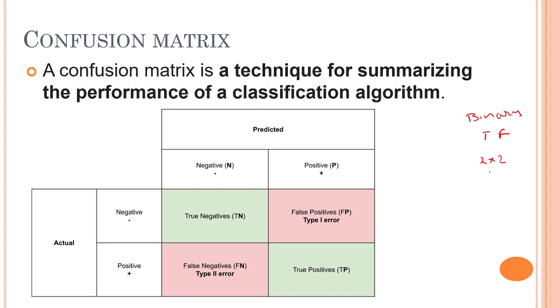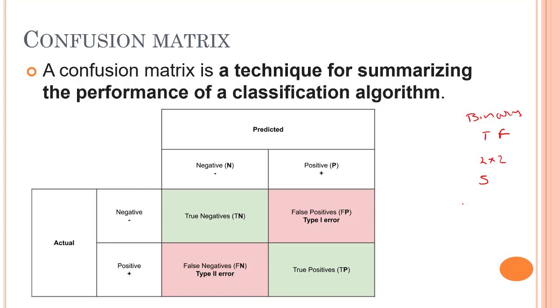confusion matrix. But the same thing, if we have more than two classes, multi-class classification, say five classes, maybe to predict songs of different genres. One may be pop, one may be classical, one may be lo-fi. So we will have a 5 by 5 matrix.